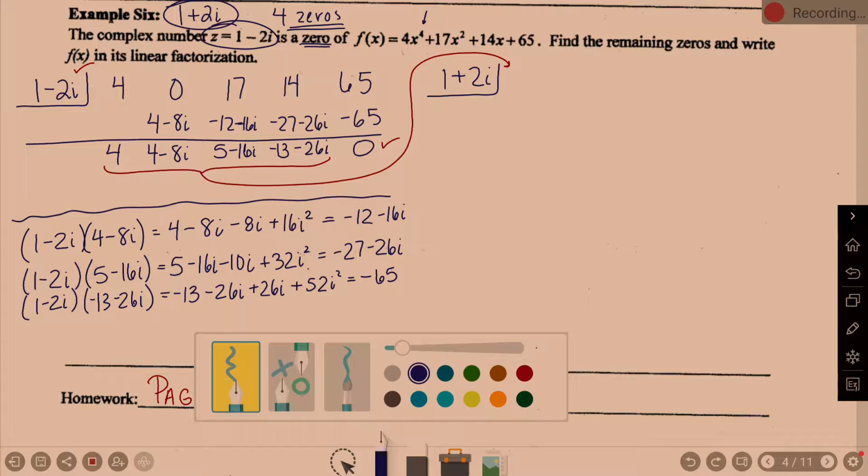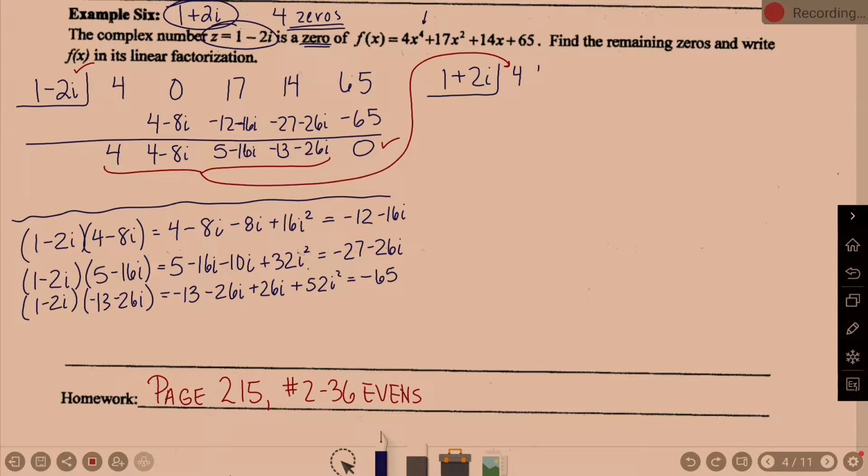So I'm going to have 4, minus 8i, 5 minus 16i, negative 13 minus 26i. And we start by dropping the 4. And then we're going to multiply.